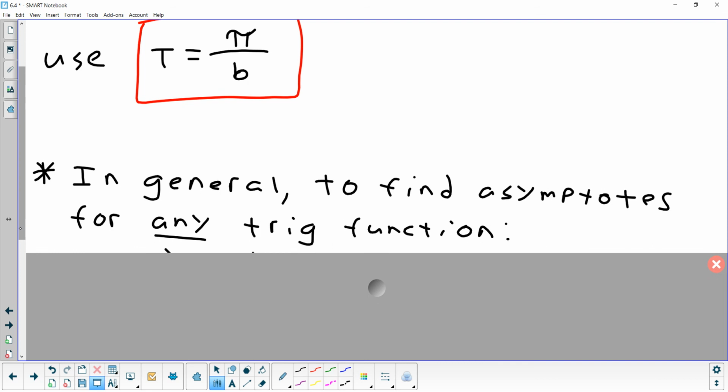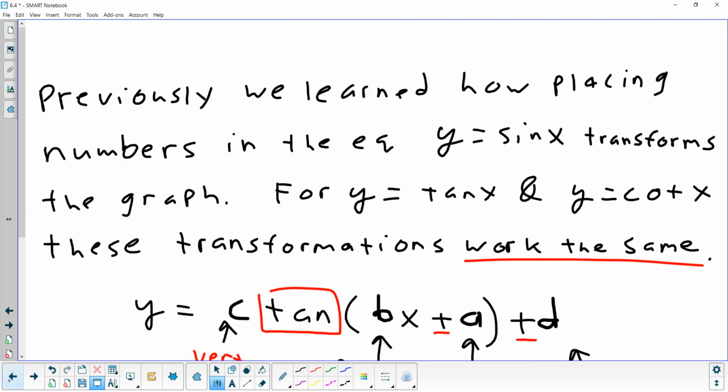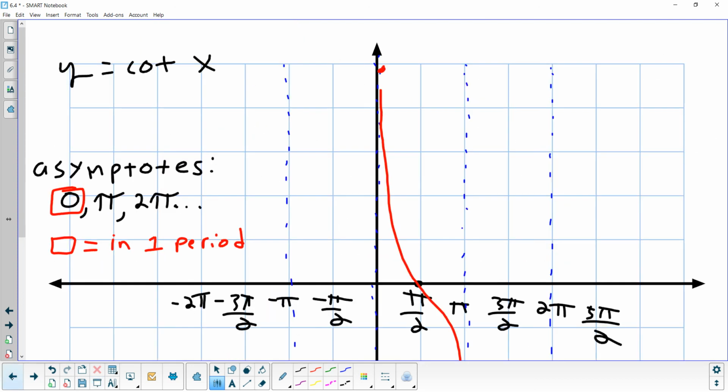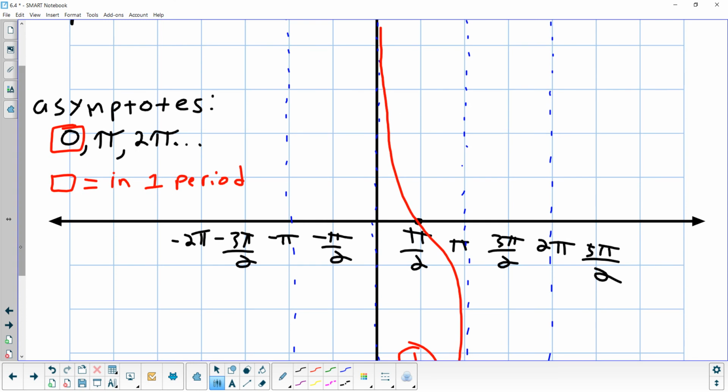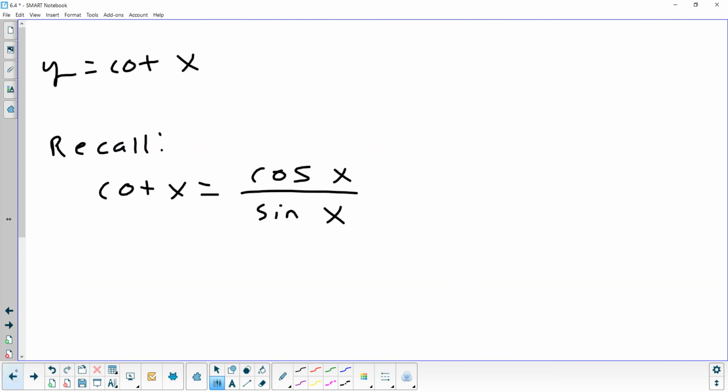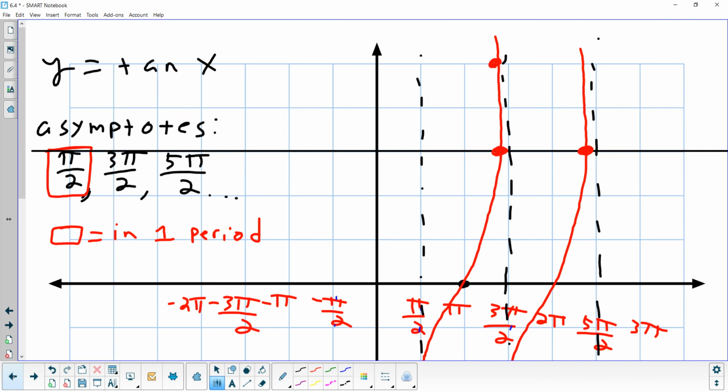So whenever you're doing tangent or cotangent, pi over B is the formula you use to find the period. And one thing that you're going to be asked about is how do you find the asymptotes in the tangent, cotangent, or secant or cosecant function? Well, we know where they are if we don't do anything to the function. We can go back, look at this graph, and I told you that the asymptotes for cotangent occur there, and the asymptotes for tangent occur there.